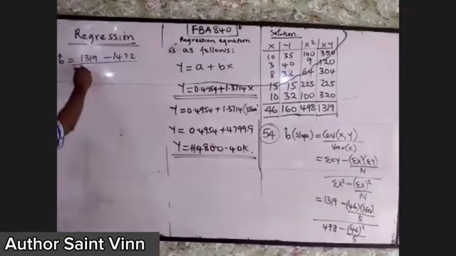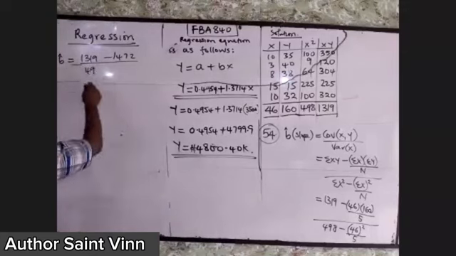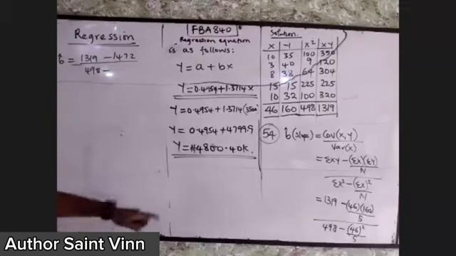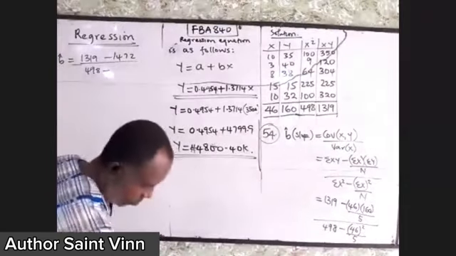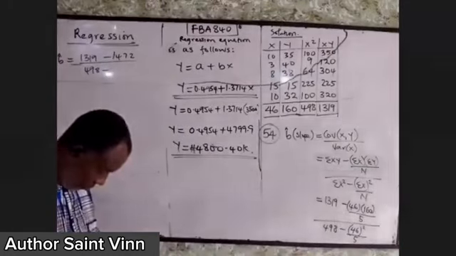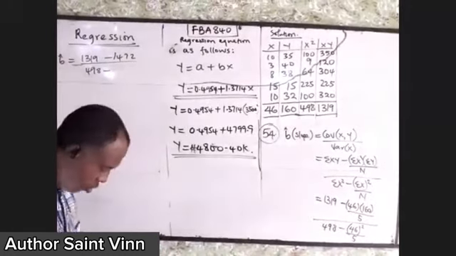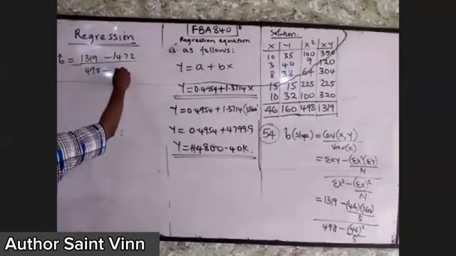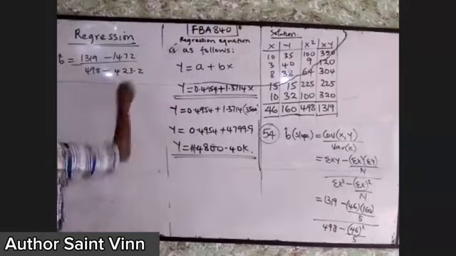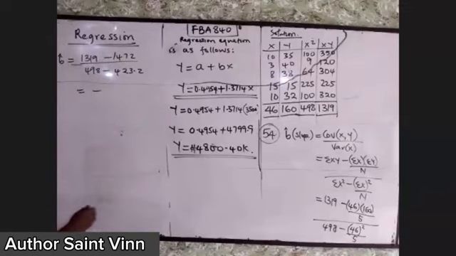Okay. Let's see that. There's some. Come on. 4 square. There's negative 4 what? 23.2. So the upper one is minus a bit. Minus what?